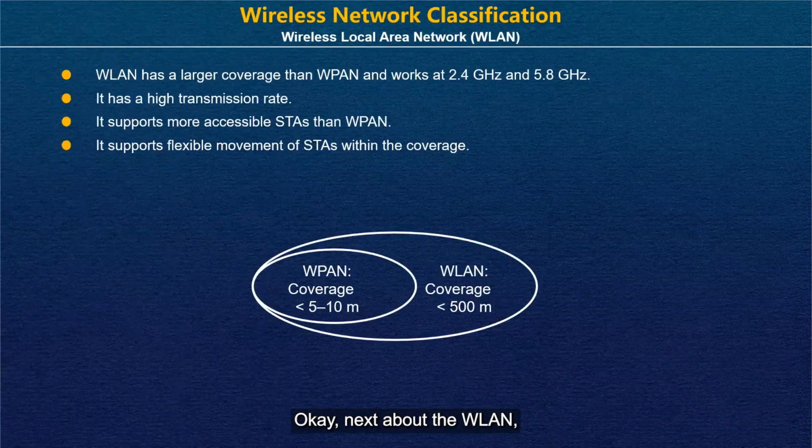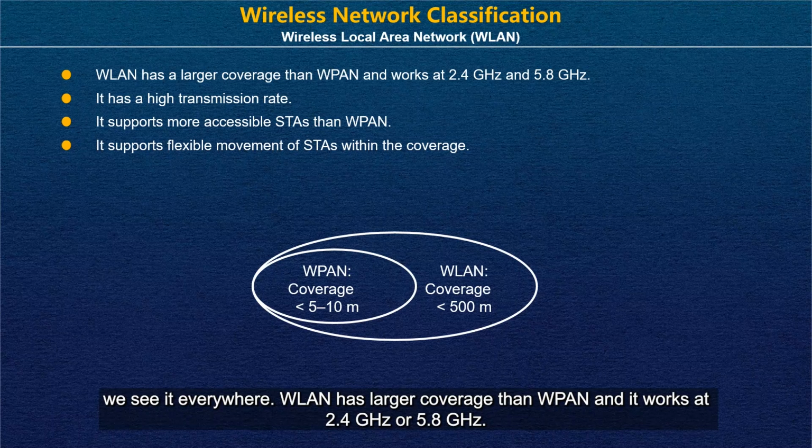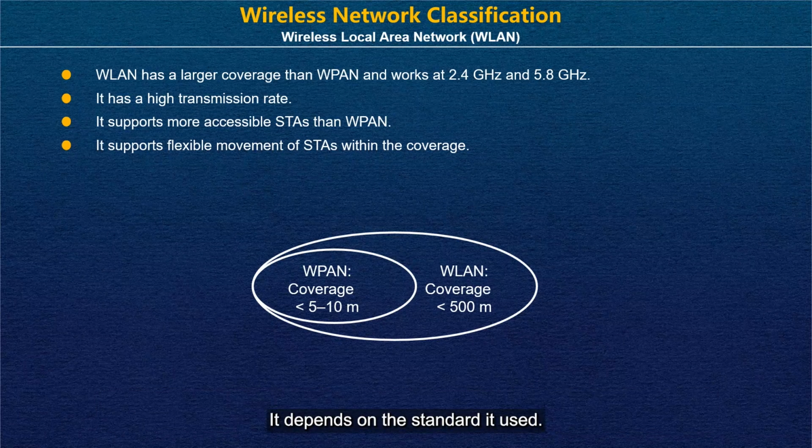Okay. Next, about the WLAN. This is very common nowadays. Of course, for the campus network and the enterprise network, we use it very commonly. WLAN has a larger coverage than WPAN, and it works at 2.4 gigahertz or 5.8 gigahertz. It depends on the standard it uses.